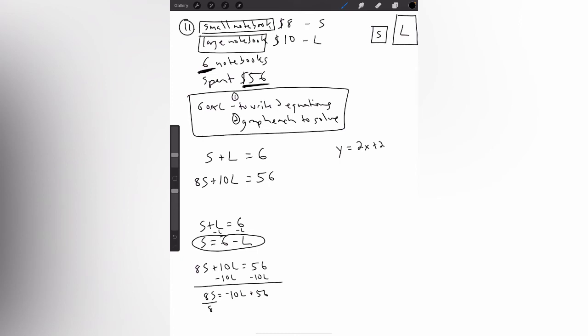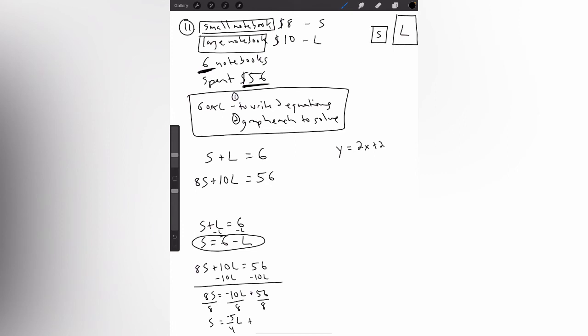I divide everything by 8 in order to get s by itself. And I get s is equal to negative 10 over 8. That's the same as negative 5 over 2. Sorry, negative 5 over 4. Right? It's the same thing as that.